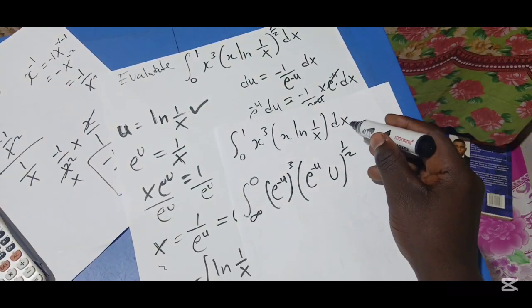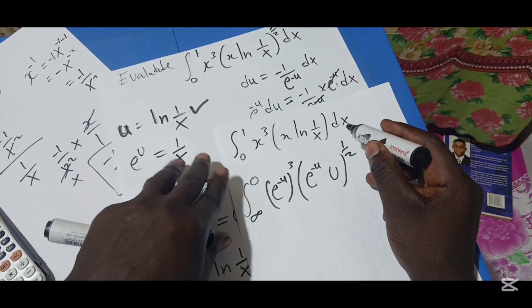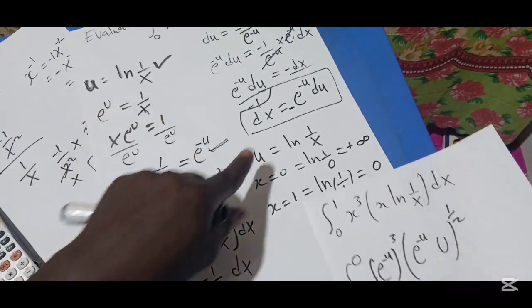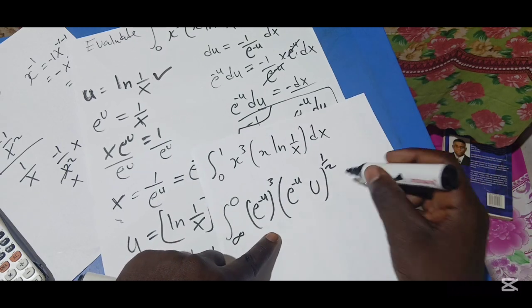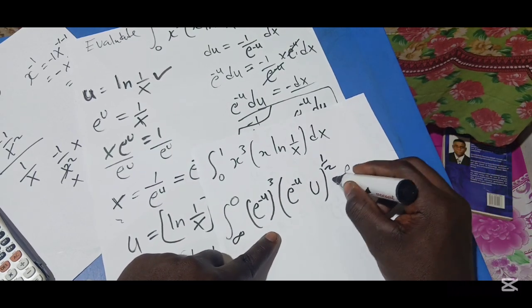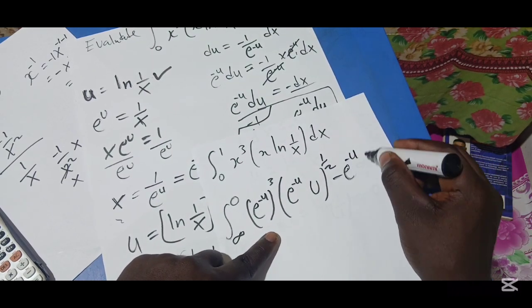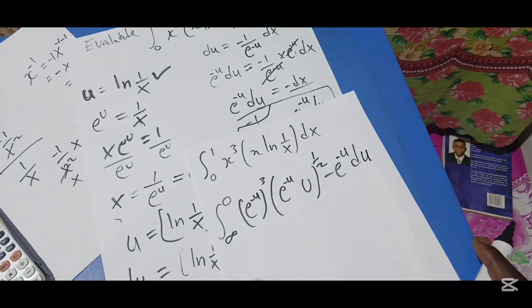And now, what is our dx? We already saw our dx right here: it is negative e to the power negative u du. So minus e to the power negative u du.